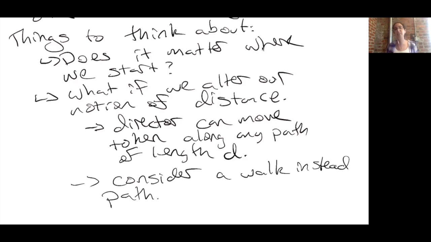You can revisit vertices, edges, whatever you want. Then what is the strategy here? I'll give you a hint that this last one is a little bit of a silly question, and that the director has an awesome strategy that they can just keep using over and over again, and will make F star really, really small.